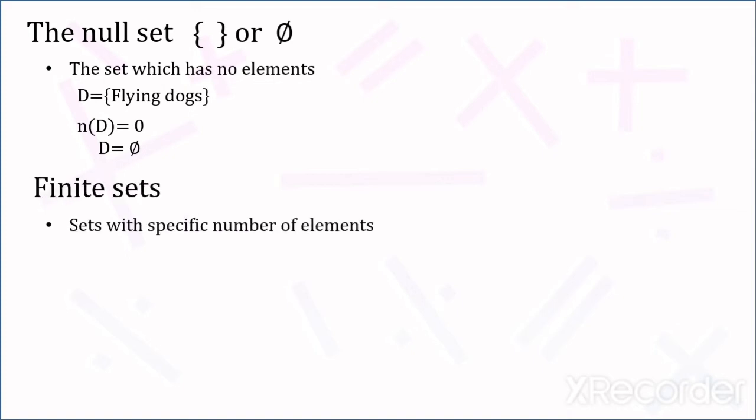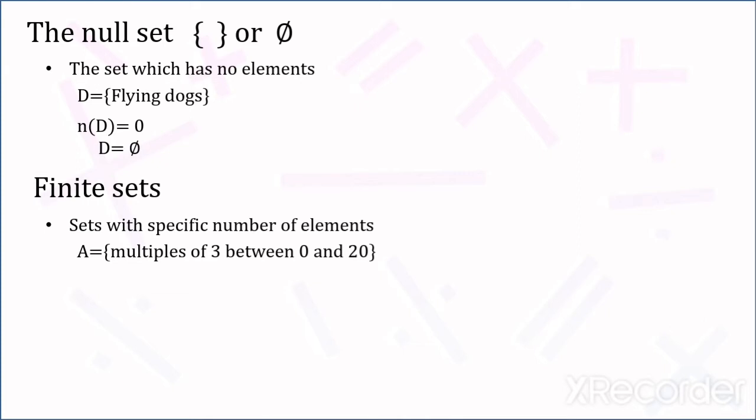Finite sets. Sets with a specific number of elements. A equals multiples of 3 between 0 and 20. Here they have given you a range between 0 and 20, so that is a finite number of elements.